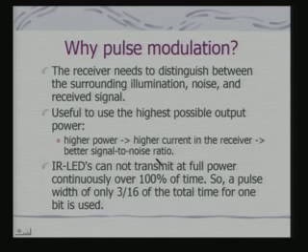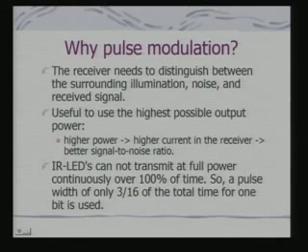But IR LEDs cannot transmit at full power continuously over 100% of the time. So a pulse width of only 3/16 of the total time for one bit is used. It implies that you can deliver higher peak power, and you do not operate at high average power, which is what your diode cannot really handle.